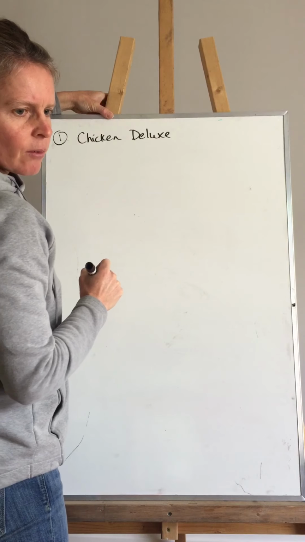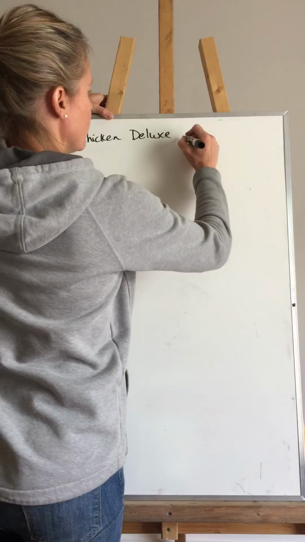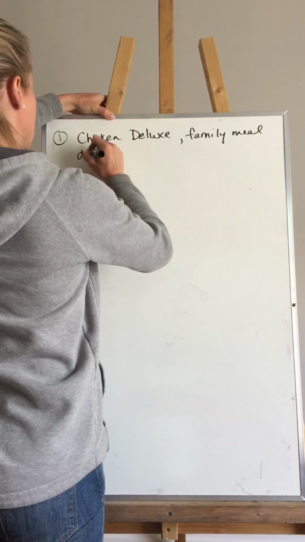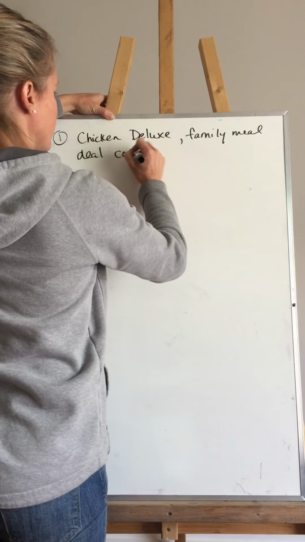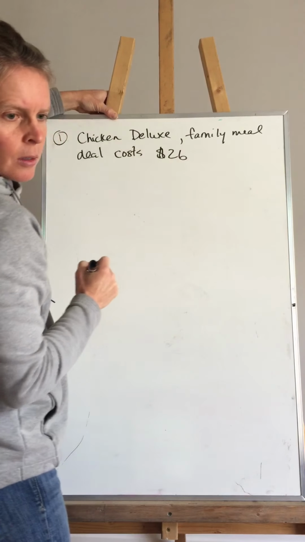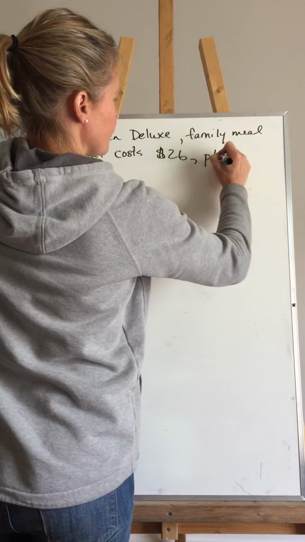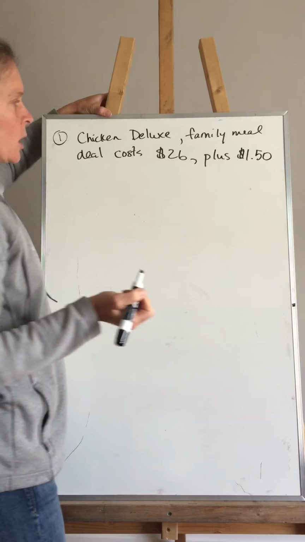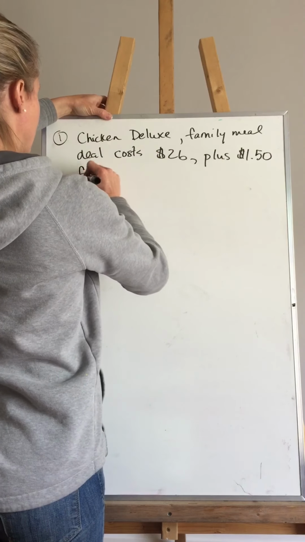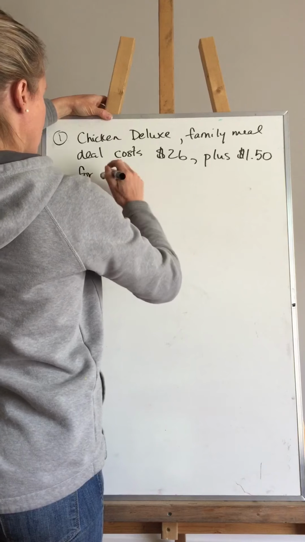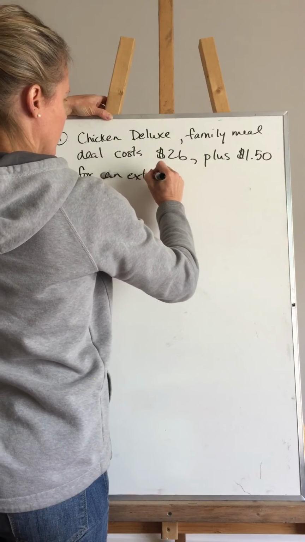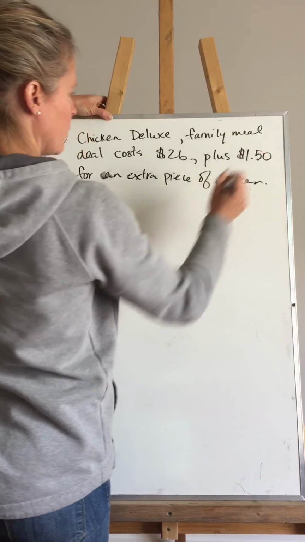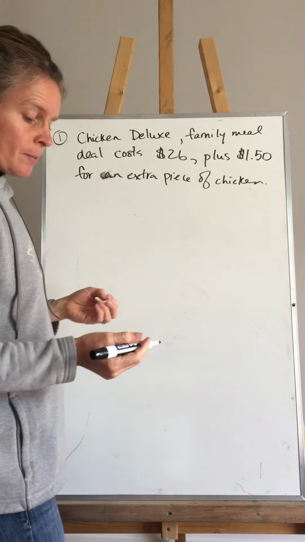The information given is that the family meal deal costs $26, plus $1.50 for an extra piece of chicken. For each extra piece of chicken, it's $1.50, and you have to come up with an equation.